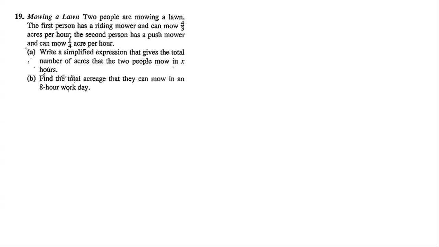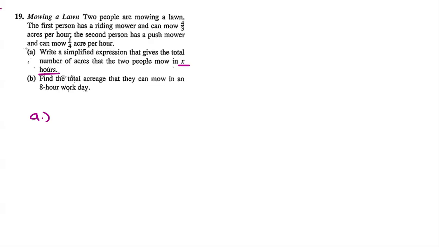Okay, so for part A, we need to write a representation of what the paragraph is saying. Okay, so for A, it says let the two people mow in x hours.